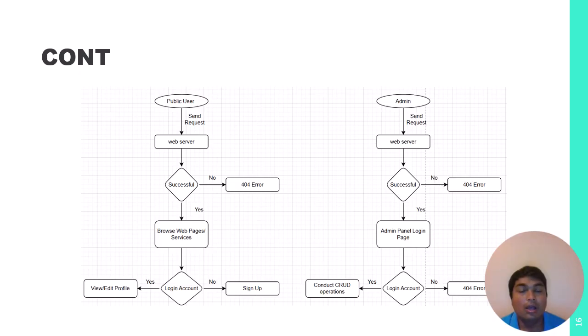This is our flow chart, and as you can see, the first one is the front-end part, and the second one is the back-end part, which is done by me. And the same thing happens for admin, where the client first sends a request to the web server.